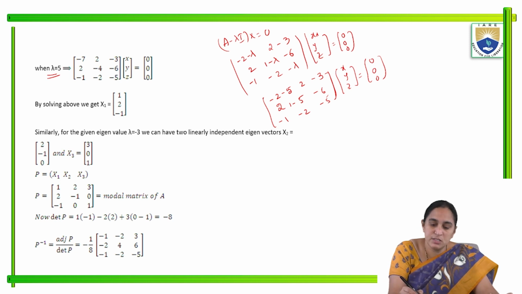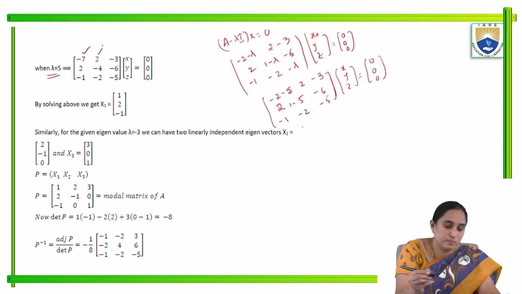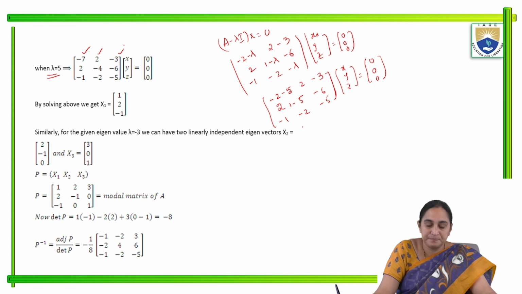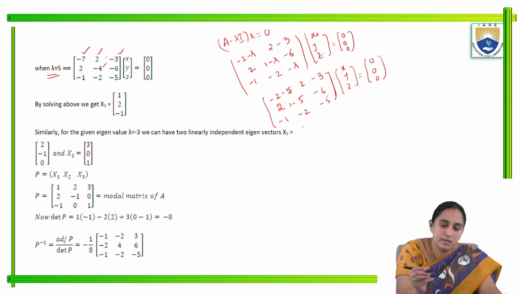That is minus 2 minus 5, which is minus 7, and next 2, and next minus 3. Next 2, 1 minus 5 is minus 4.